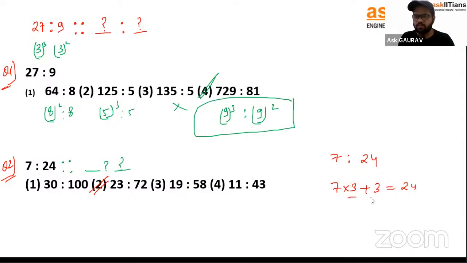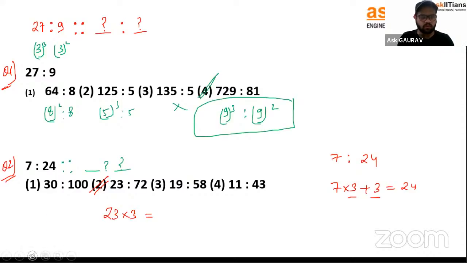Is the same pattern followed in any option? In the second option, 23 into 3 is 69, and 69 plus 3 is 72. So the same pattern is followed. Therefore, the second option is right. Right, guys?